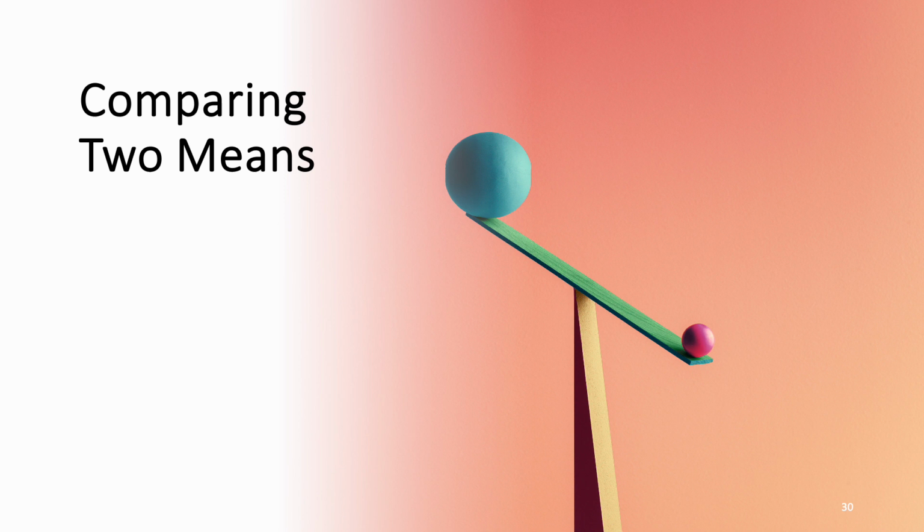Okay, comparing two means. Comparing two means is a way to understand if there is a difference between two samples. So imagine that you want to understand if using models actually improves software quality. To do that, you conduct an empirical study, let's say an experiment, and you have two groups of developers. Let's say 50 developers will use models to create software, and then you ask another 50 developers to create software without using models.